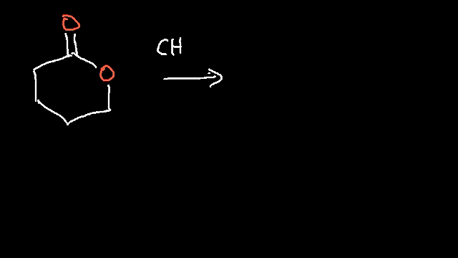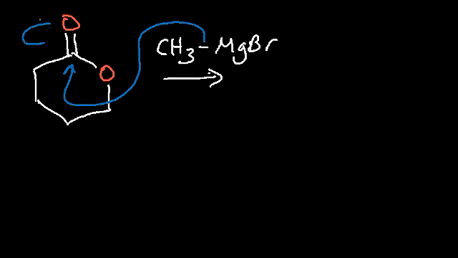Now what if we have another lactone, but this time we're going to add a Grignard reagent to it. Let's use methyl magnesium bromide. So what's going to happen in this case? So this time the methyl group is going to attack.